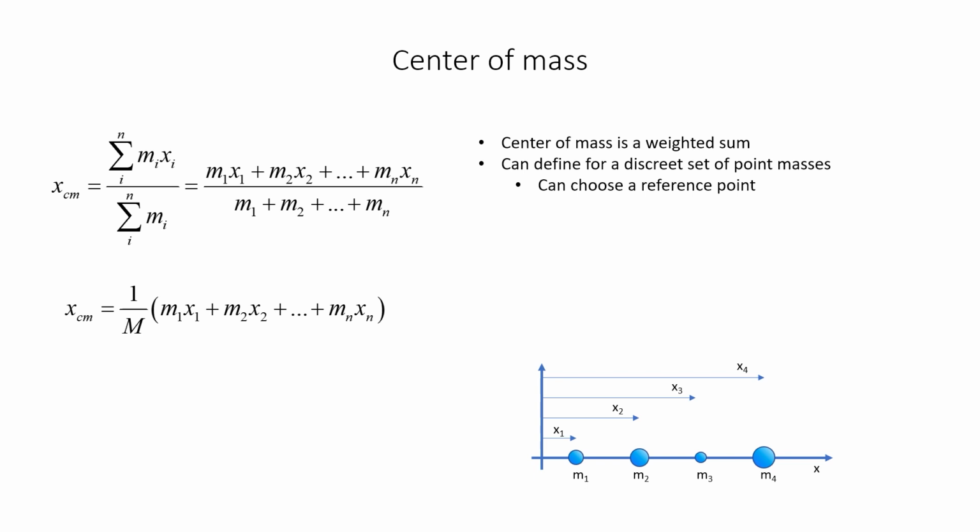Then we're just saying that the center of mass equals 1 over M times m1x1 plus m2x2 plus all of the points in between up to mnxn. As we've shown in the diagram below, the masses are at discrete points and they have discrete distances away from some origin or reference point.